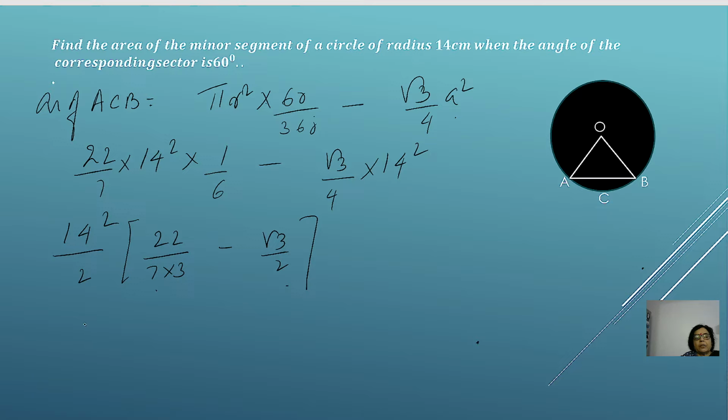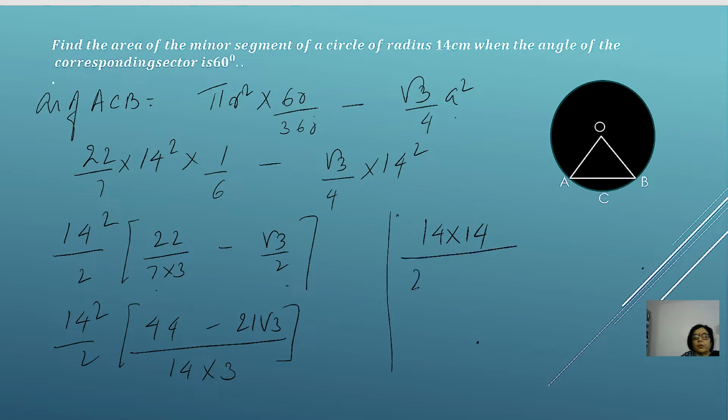So this becomes equal to 14 square by 2, 44 minus 21 root 3 by 14 into 3. So outside the bracket we have here 14 square, that is 14 into 14 by 2 into 14 into 3, and within the bracket we have 44 minus 21 root 3.